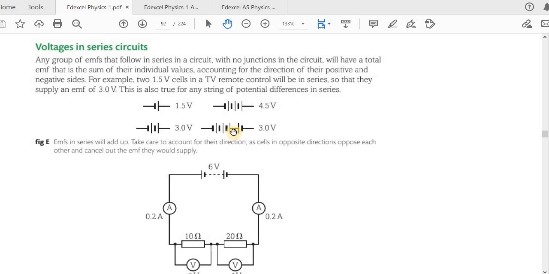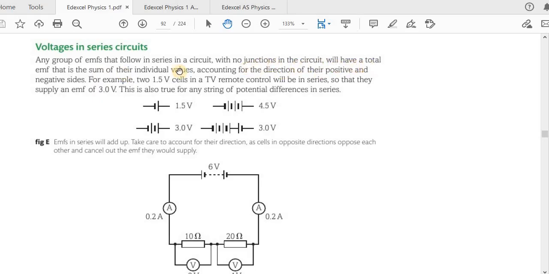You can see the positive terminal here and the positive terminal here are facing each other. So if all of them have an EMF of 1.5 volts, these two will cancel out. This is 1.5, this is minus 1.5, these two cancel out on this side, but this and this add up. This is 1.5, this is also 1.5, opposite terminals are facing each other, so here it will be 3 volts. So the total will be 3.0 volts, and that is what is explained here.